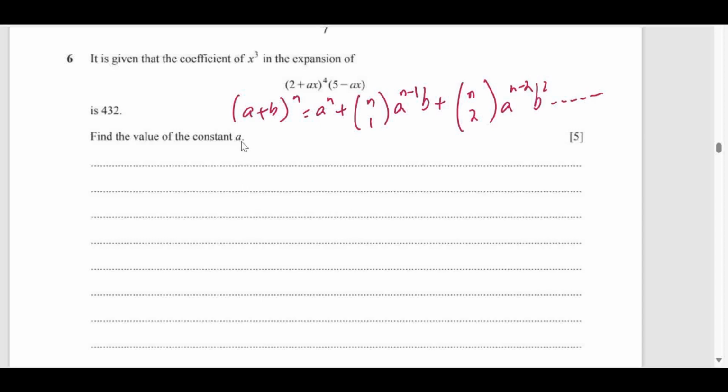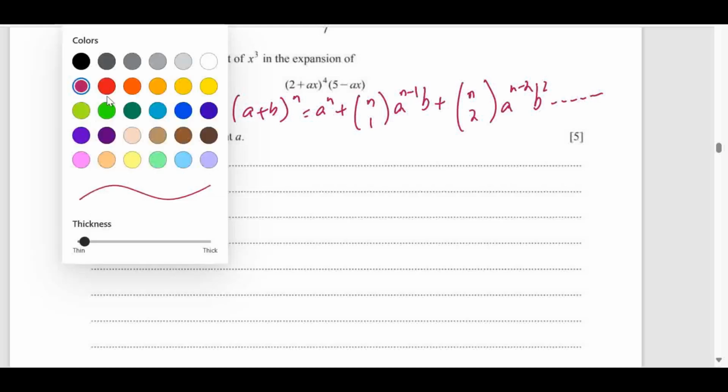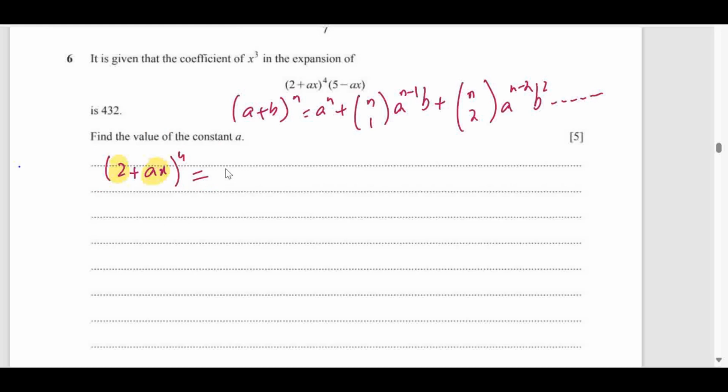Now expand the first term, (2 plus ax) whole power 4. Here our a is 2 and our b is ax.